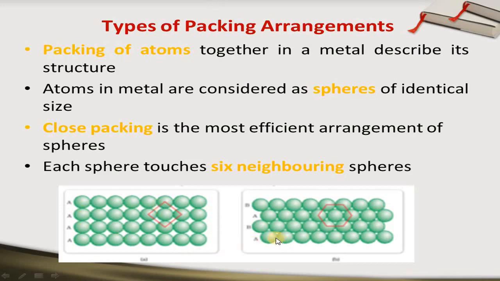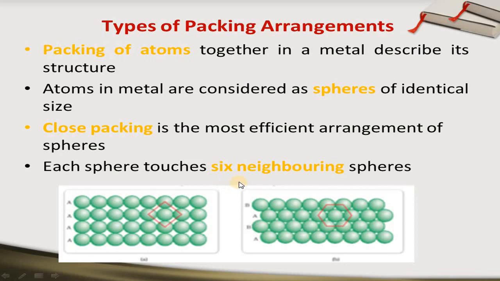While in closed packing, if we have a single layer and want to place the second layer, they are placed in the spaces created by the first layer, so there are fewer spaces, and each sphere touches the 6 neighboring spheres. So the closed packing is the most efficient arrangement of the spheres.